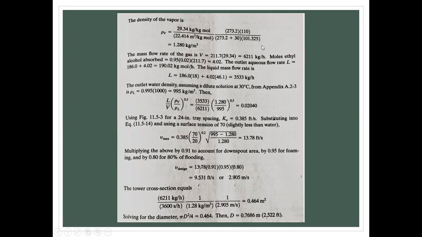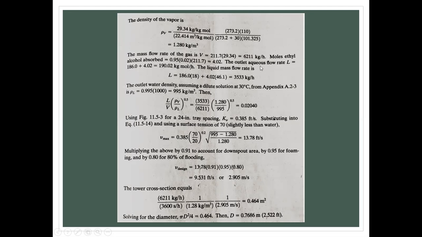So now it's converted to mass. The moles of ethyl alcohol, based on this amount of gas that entered, is 2% of that times 0.95, because we have 95% recovery. So the moles of ethyl alcohol absorbed is 4.02 moles.